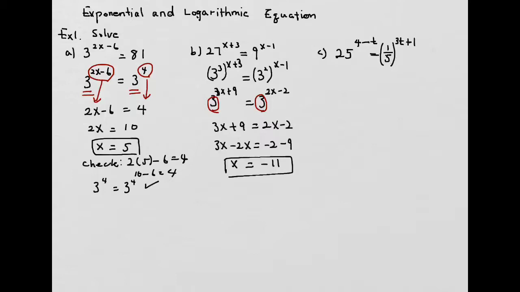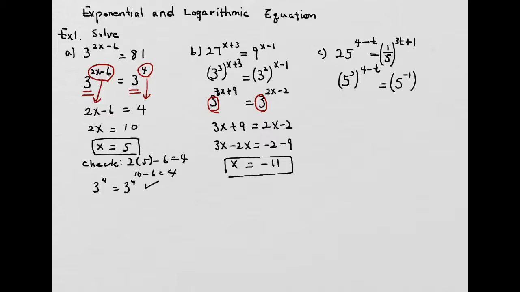Let's try the other one. So make it the same base, if you can make it the same base. So this is 25, so it will be 5 squared. You get 4 minus t. And 1 over 5 is 5 to the negative 1 exponent, right?